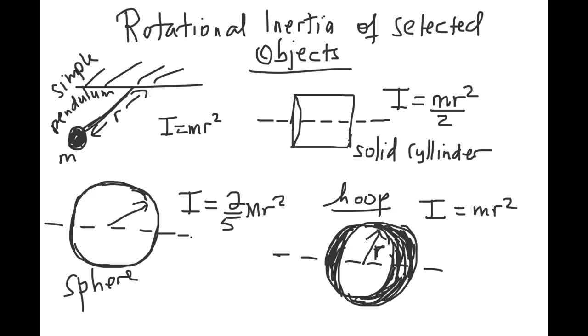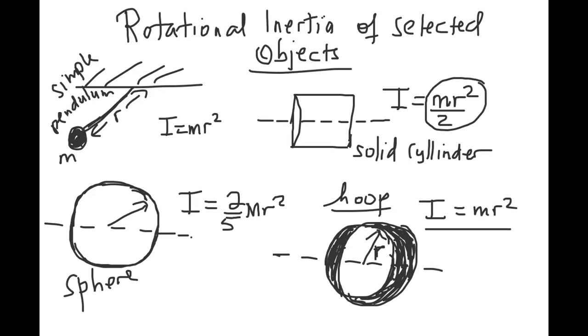Now remember, for a solid cylinder it was m r squared over 2, but for a hoop, it's m r squared. A hoop has most of its mass at position r. It has no mass at the center, but most of the mass is somewhere around position r, and the rotational inertia is that one.